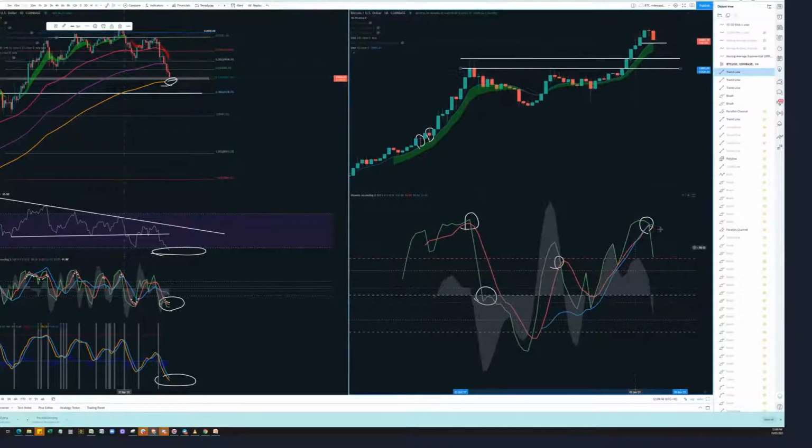And the indicators pretty much support the thesis. So you can see here on this indicator where we got crossovers, all these crossovers where the green crosses the red. Now here we have the red coming down, and when the green hits the 50%, this is the monthly, if this green indicator hits the 50%, that's the start of a bear trend, a bear market.